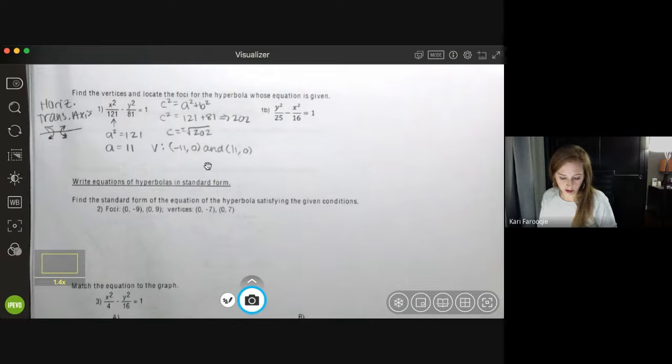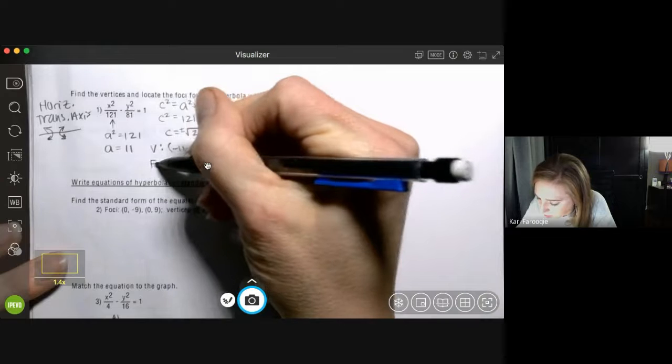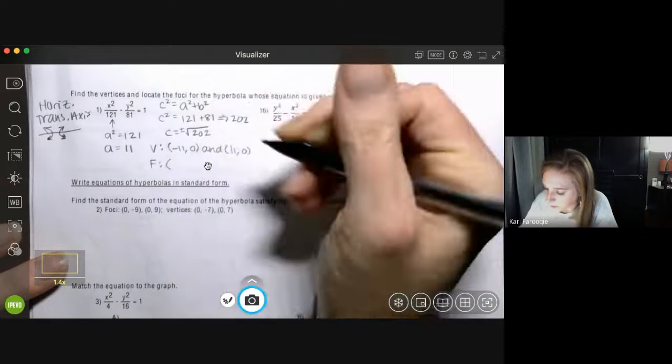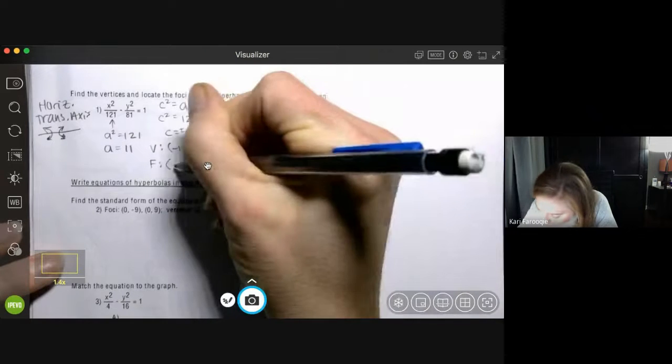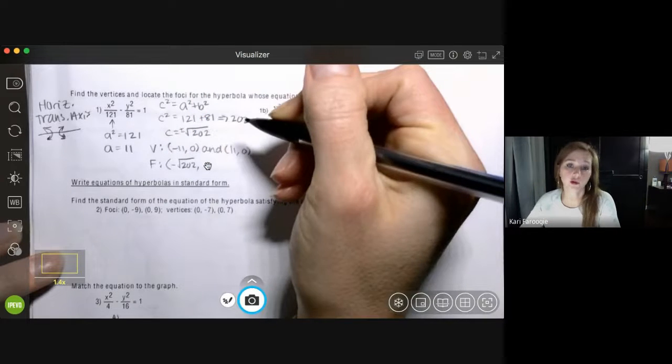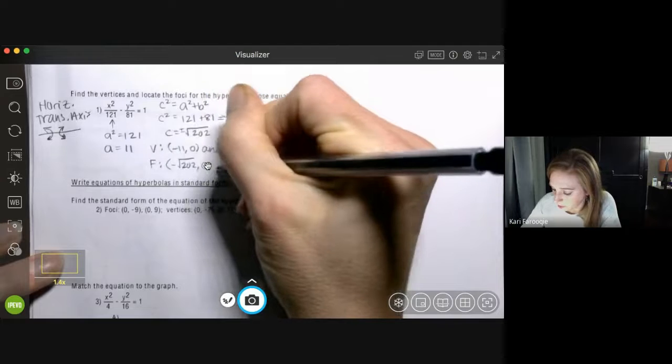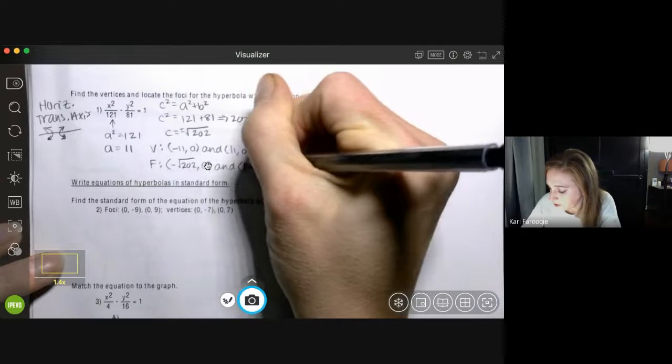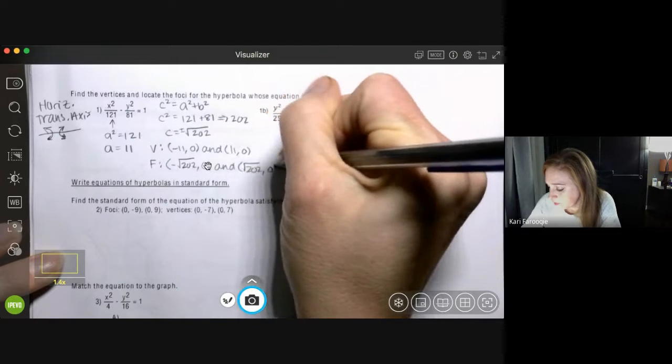No, I'm not finding any. So we should be good here. 81. Okay. So we can go ahead and write the foci, using the same format here: negative square root 202, 0, and positive square root 202, 0.